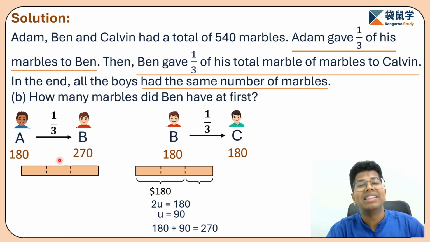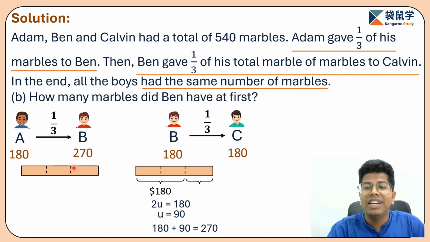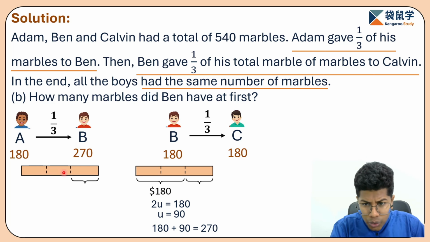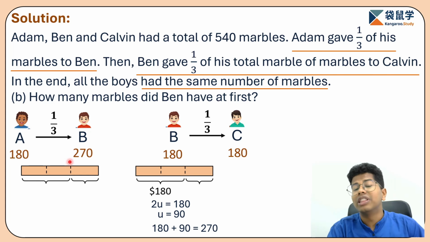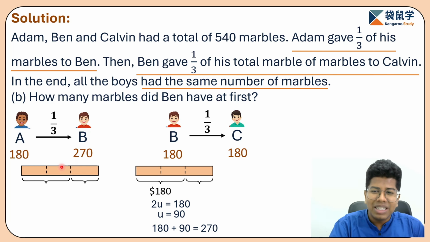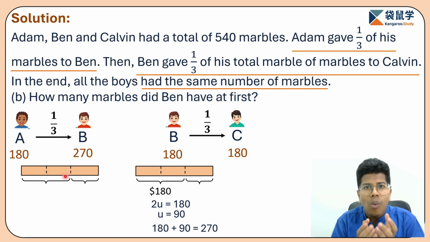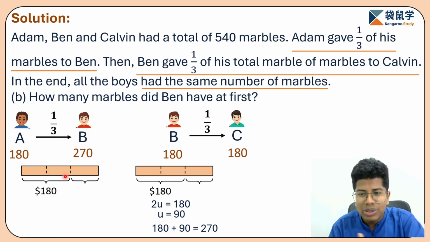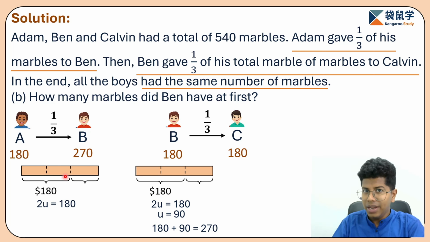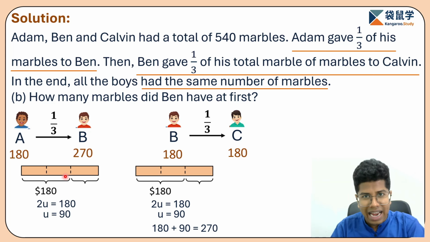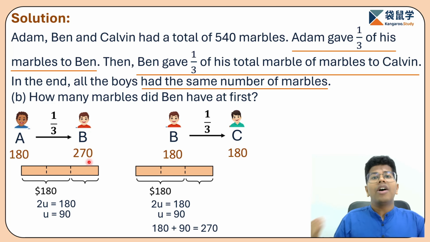Yes, 3 parts. And 1 part is given to Ben. 2 parts are left with him. Can you find out the value for these 2 parts? Yes, these 2 parts are what he is left with after giving, which is 180. So these 2 units represent 180, 1 unit represents 90. This means Ben has some extra amount here. This extra is nothing but the marbles he got from Adam.